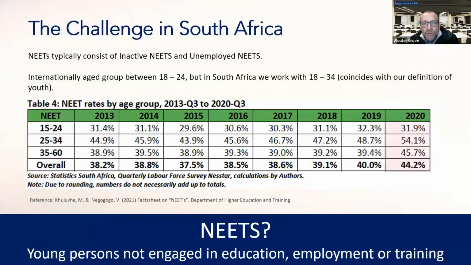Okay, so on to the specific challenge that I want to highlight. One of the biggest challenges in South Africa is what's often known as NEETs, young persons that are not engaged in education, employment, or training. Currently, we're sitting with 44% plus of the youth specifically that are not engaged at all.